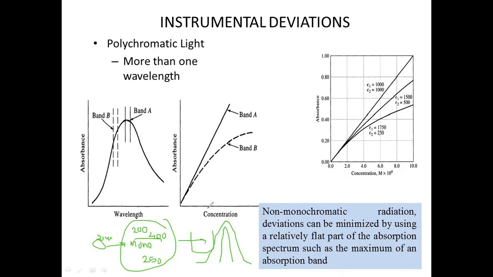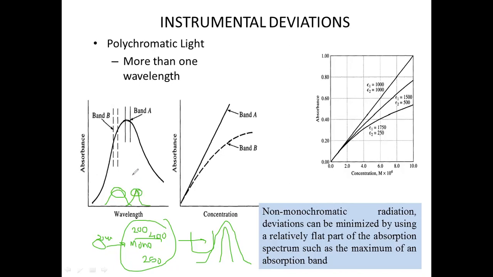Generally, if you are working with non-monochromatic radiation, we can minimize this deviation by using a relatively flat part of the absorption spectrum, such as the maximum of the absorption band. So if we have two peaks in a compound, say one relatively flatter and the second very sharp, it is always preferred to work on the flatter curve rather than on the pointed curve.